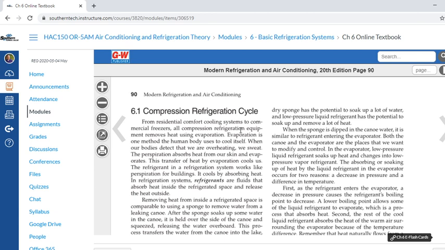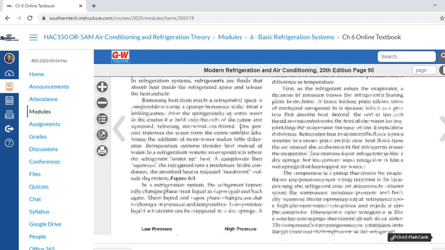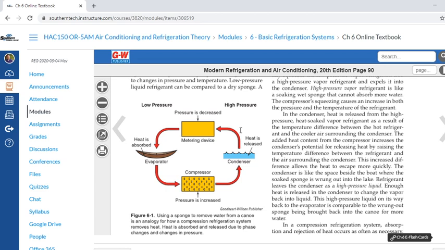So on page 90, the second paragraph down talks about how refrigeration is like a sponge, soaking up heat and then squeezing out heat. And if you look at the diagram, figure 6-1, it makes it look like this is how it works.